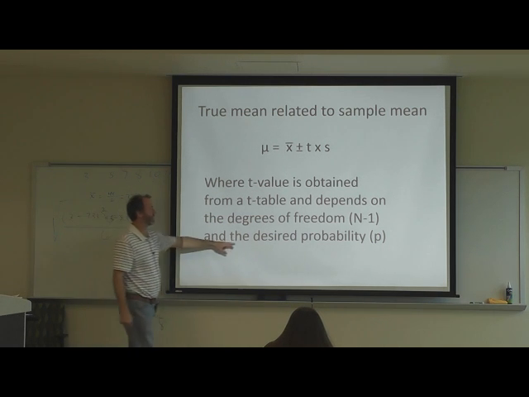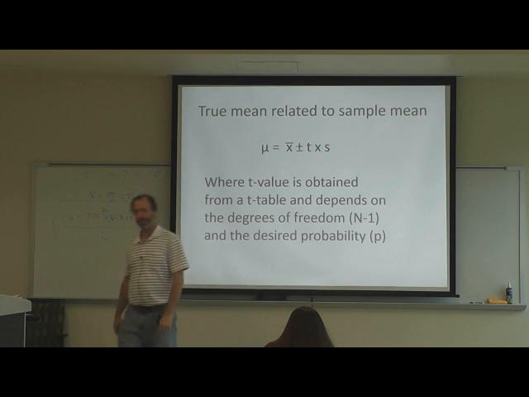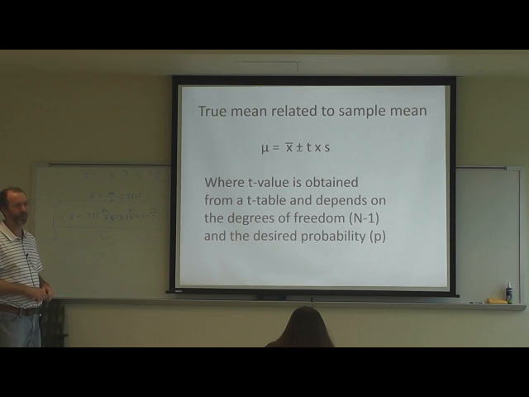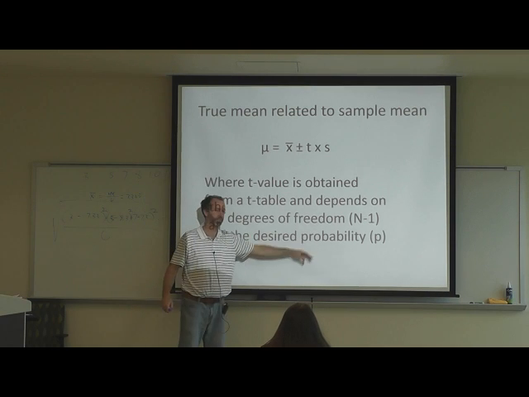And what do they mean by the desired probability? You've heard of p-values? The most common p-value is 0.05. You can also see 0.01, 0.001, or 0.1. When you're doing t-tests, they use these different p-values. It's basically the probability.